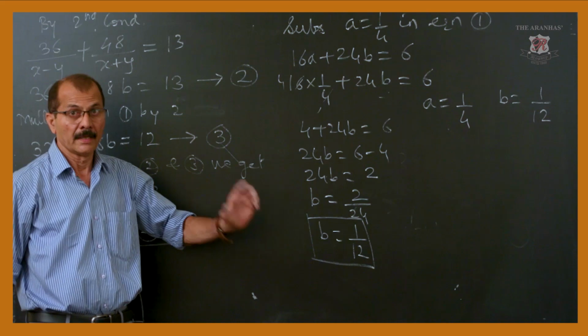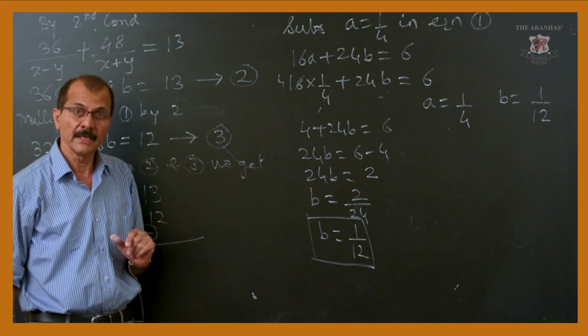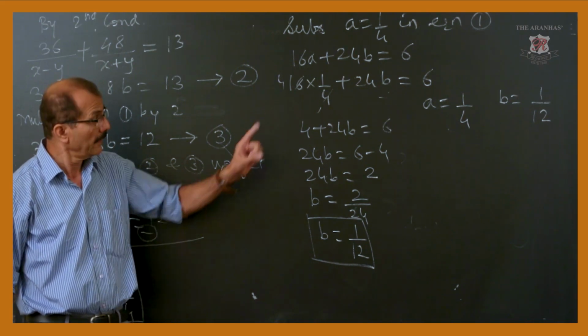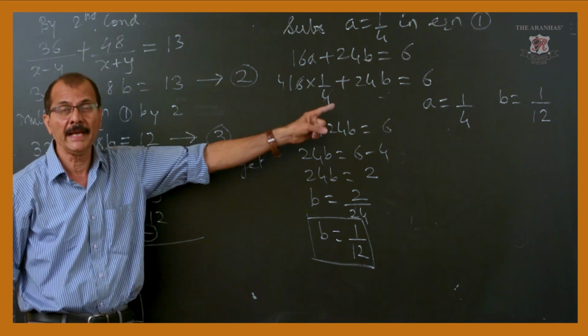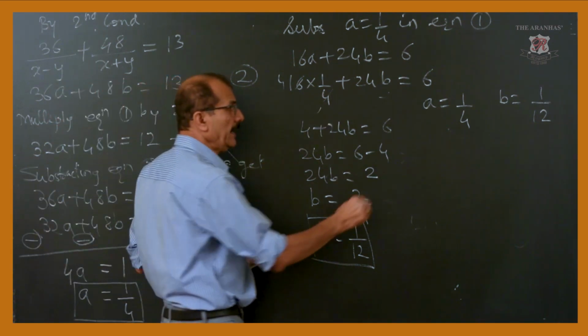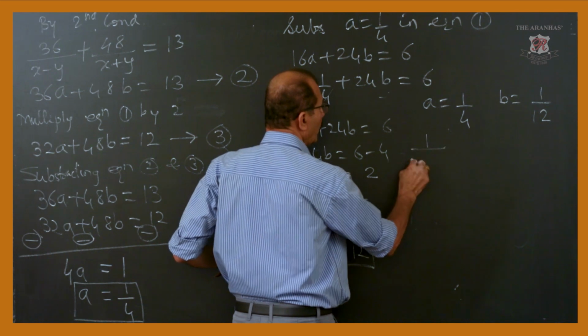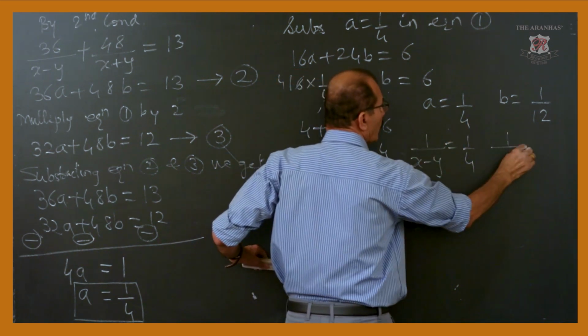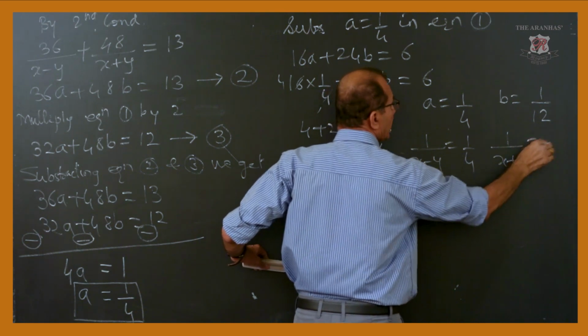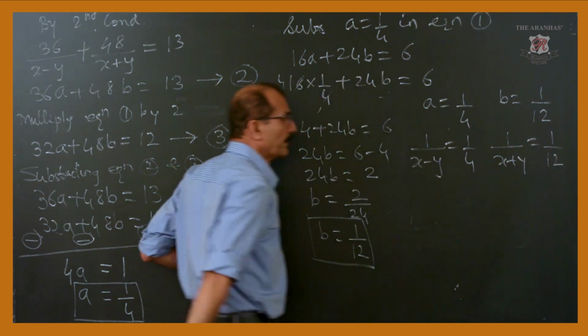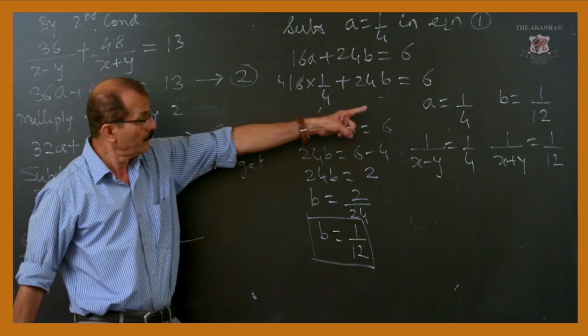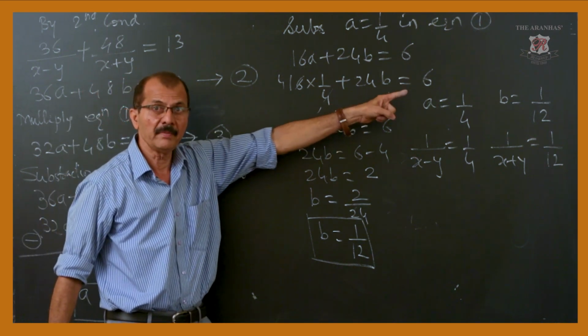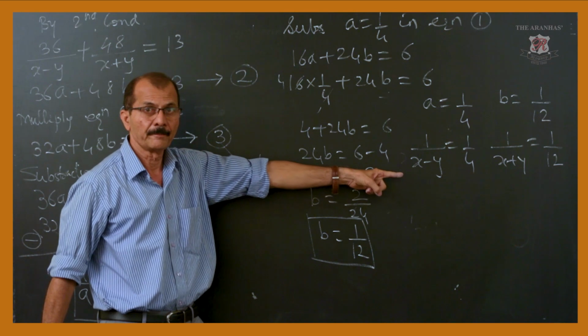right. This is not the end of the problem. Resubstitute for a and b. What is my a? My a is 1 upon x minus y and my b is 1 upon x plus y. I repeat, resubstitute for a and b, you get this equation.